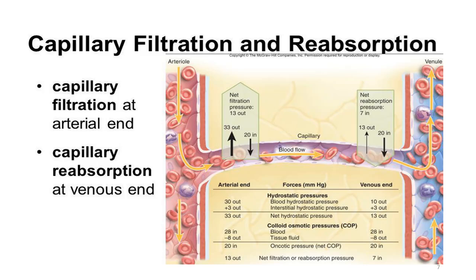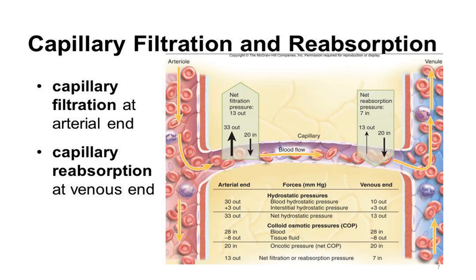Colloid osmotic pressure is 28 millimeter of mercury inside the capillary, and tissue fluid osmotic pressure is 8 millimeter mercury outside the capillary. The summation of all of these in the venous end, like the arterial end, is 7 millimeter of mercury inside the capillary. So there is a difference between the arterial end and the venous end.